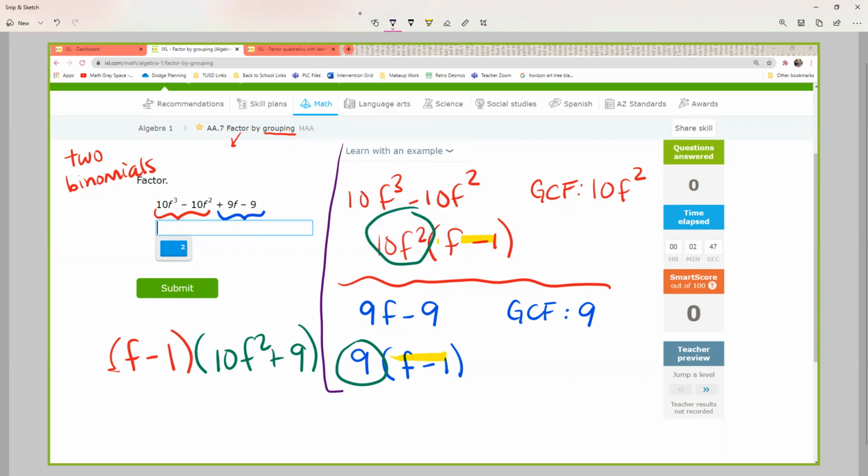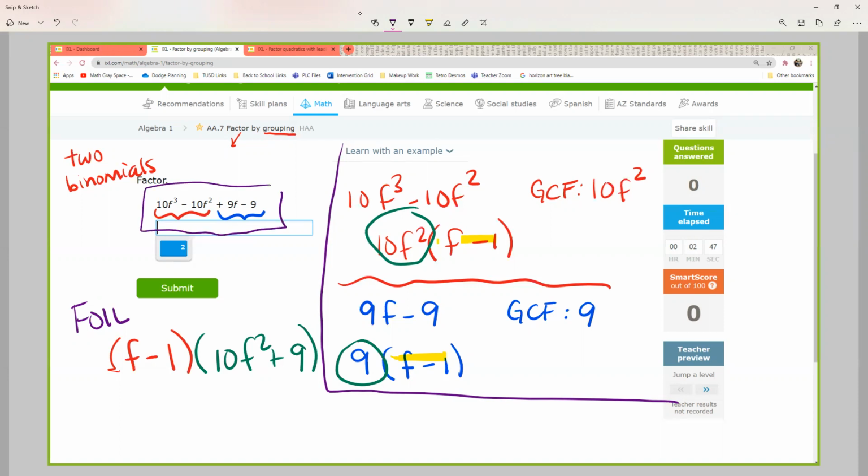if I were to go through here and do FOIL or the distributive property or the box method where you multiply them together, you should get back to this answer. So if I were to do this times that, and then this times that, it would turn into this, which we can do together now.